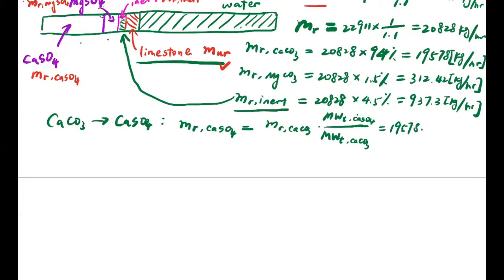19578 36 divided by 100. Okay, so you can get 26626 kilogram per hour.